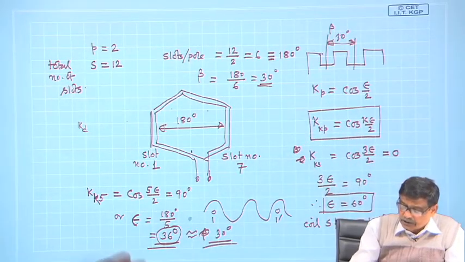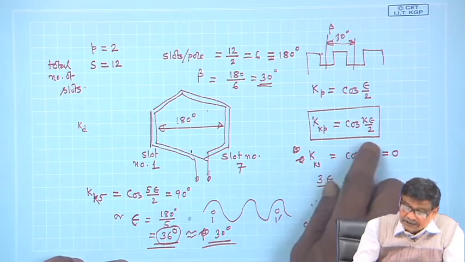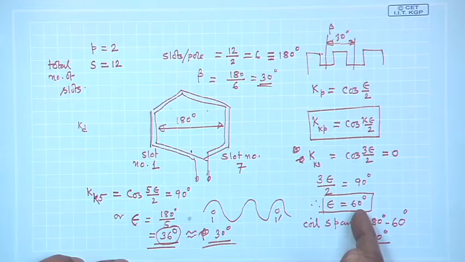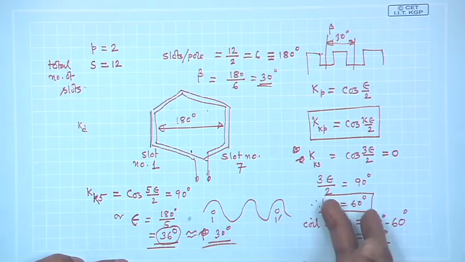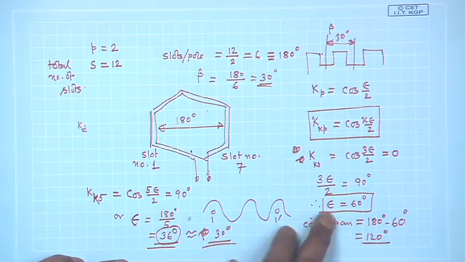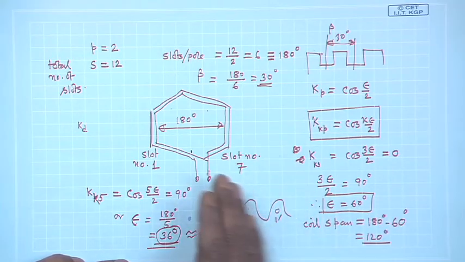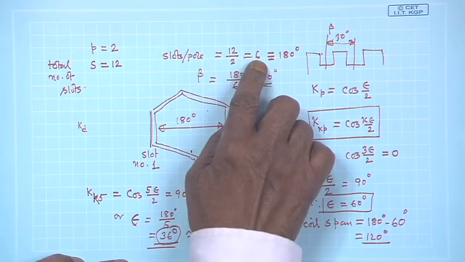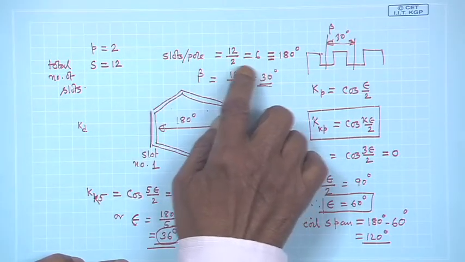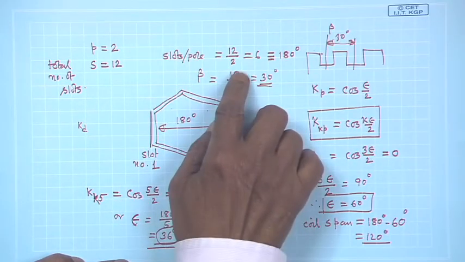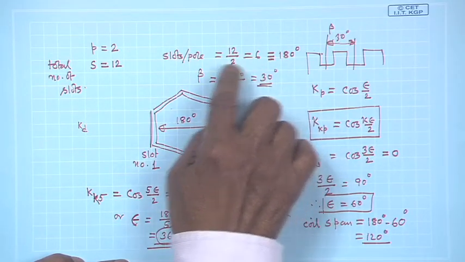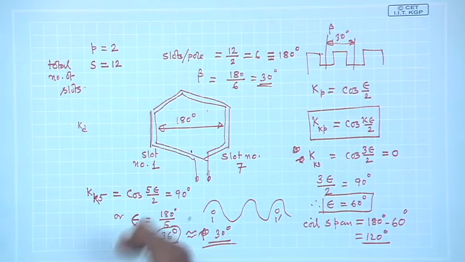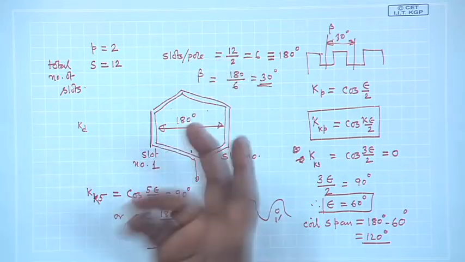If it is the third harmonic you want to remove, I will immediately say cosine 3 epsilon by 2 is 0, that is 90 degree, and it so happens epsilon is 60 degree, so by 2 slots, an integral multiple of 30 degree, which is very clear. If slots per pole is 6, a full pitched coil means 1 and 7; I will place the return conductor not at 7 but at 5. Then it will be a short pitched coil, reduced by 2 slots.